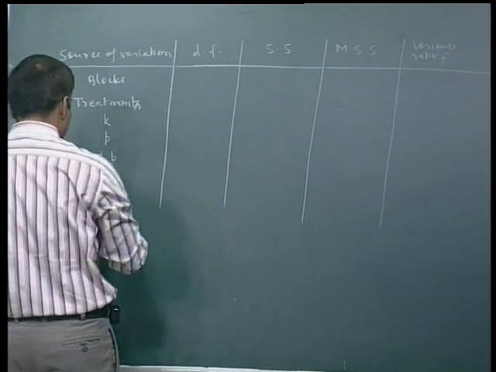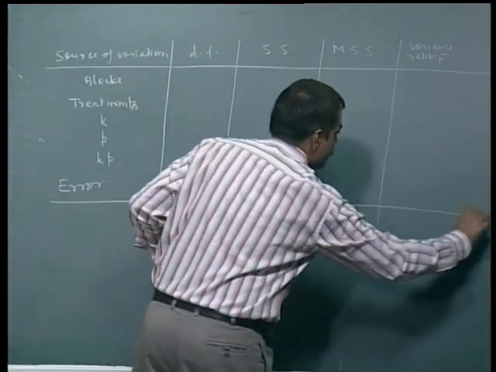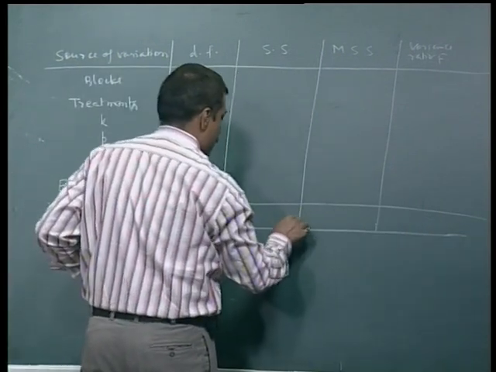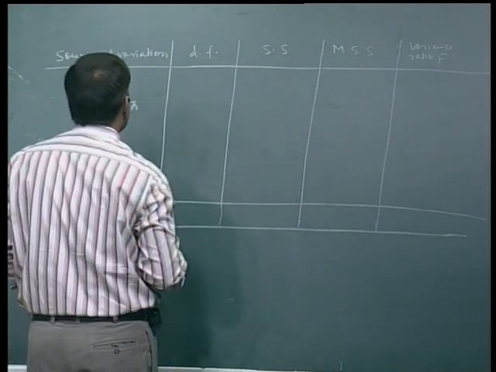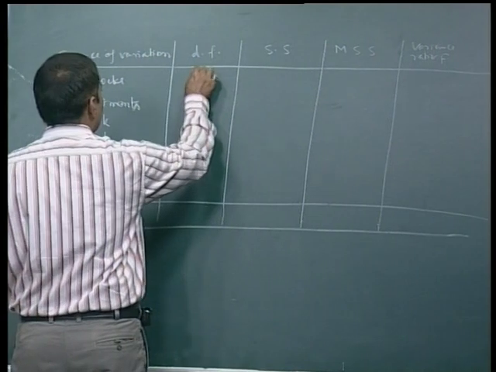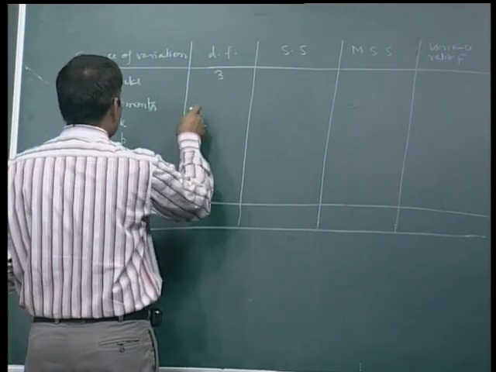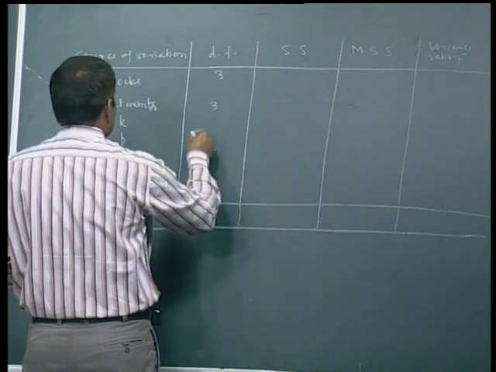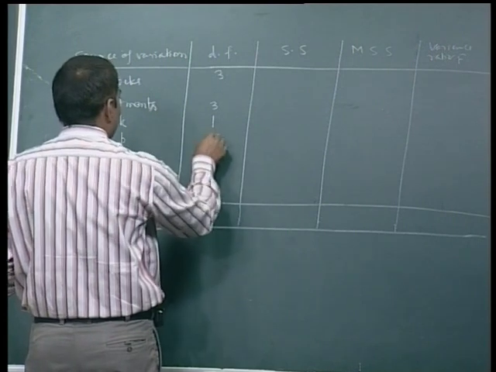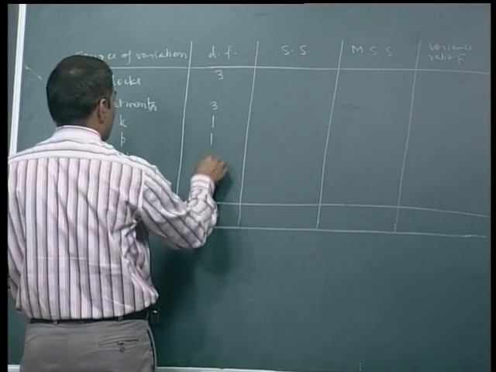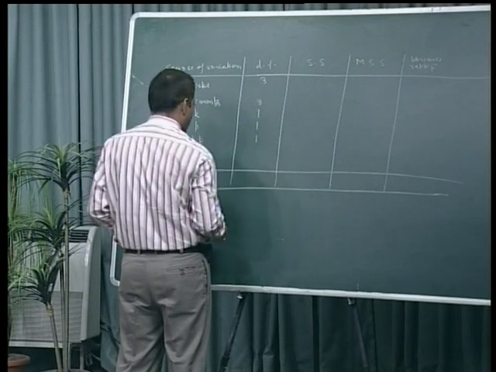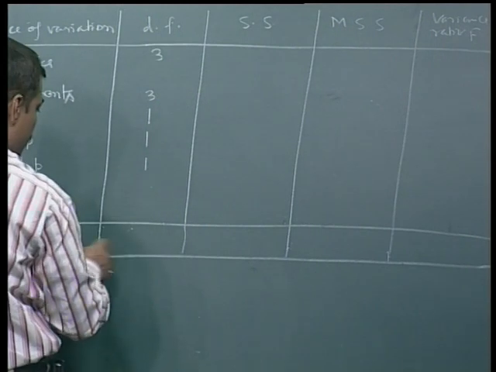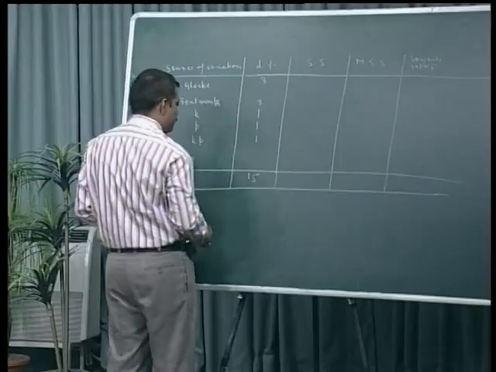For blocks, there are 4 blocks, so degrees of freedom is 4 minus 1, that is 3, and there are 4 treatments, 3, which we divide into 3 parts of 1 degree of freedom each, for K, P and KP. The total here is 16 minus 1, so it is 15.